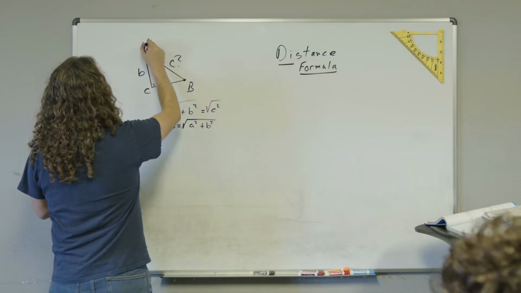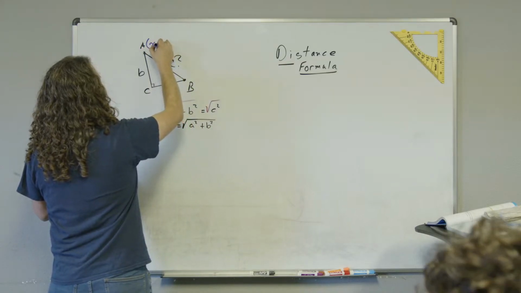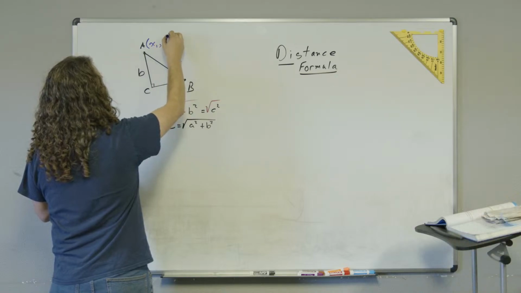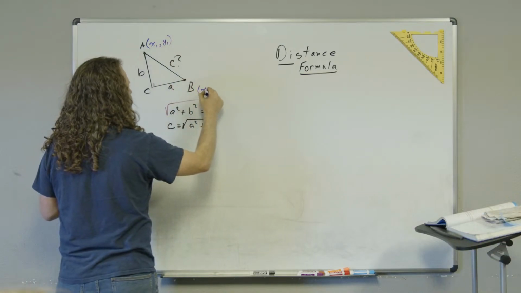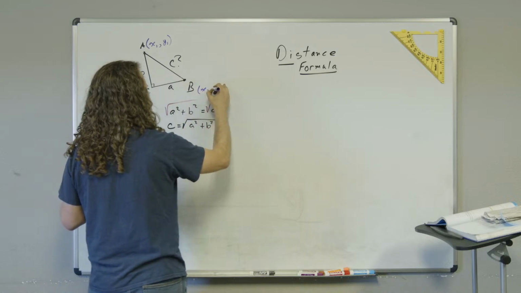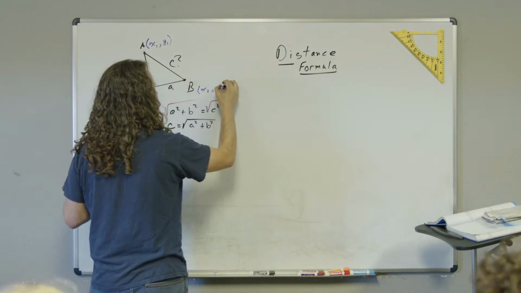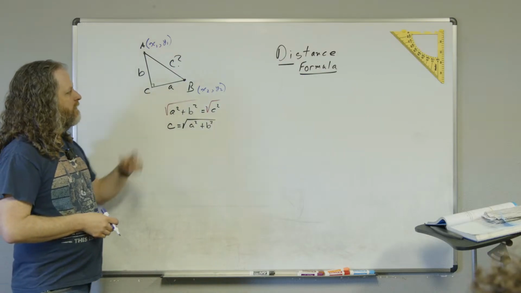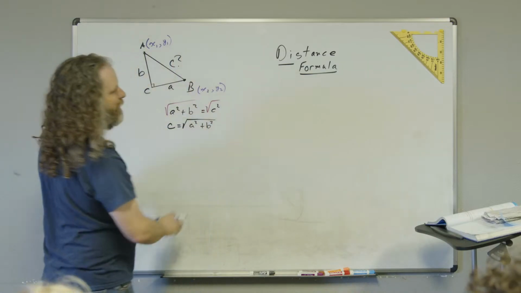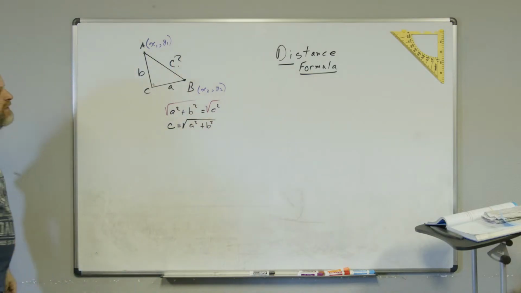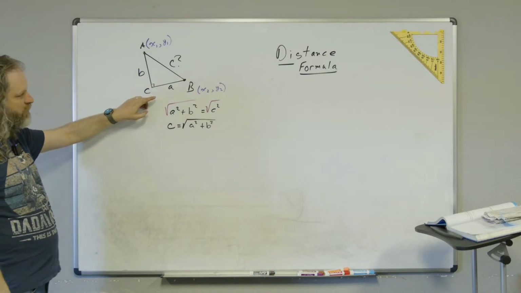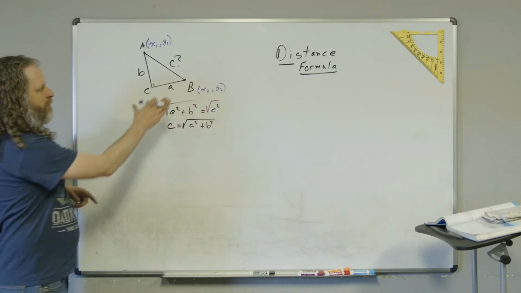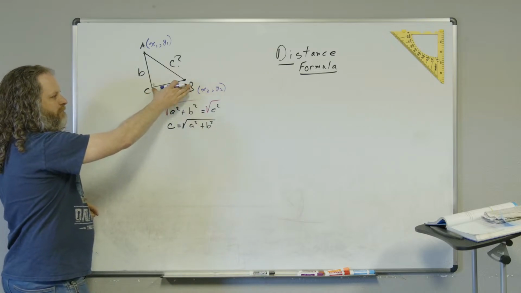If A is x1, y1, and B is x2, y2, because they're points in space, then to find the A distance, I would take x2 and subtract x1, and that would give me this linear distance, right?